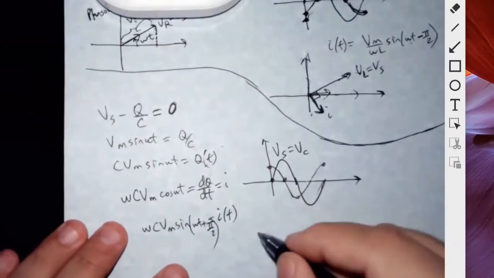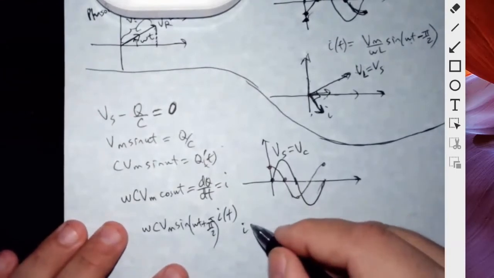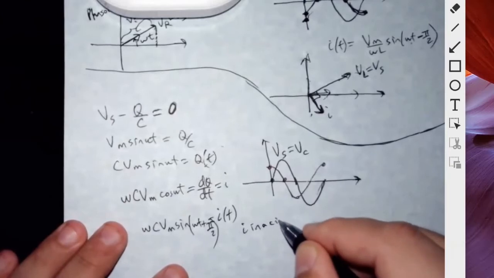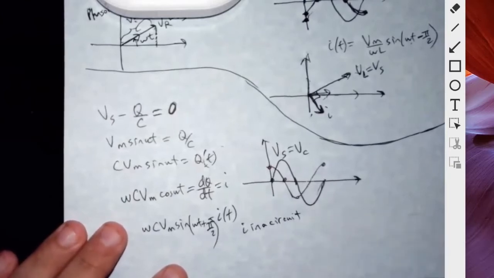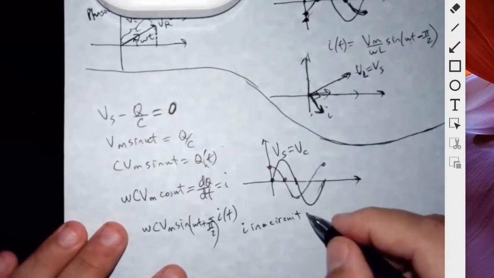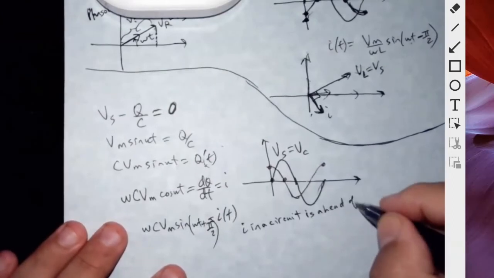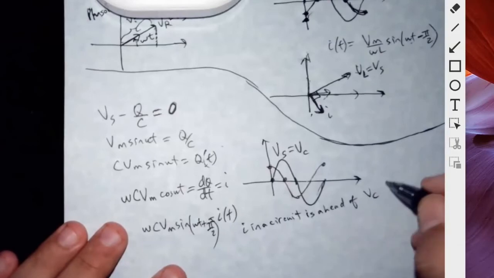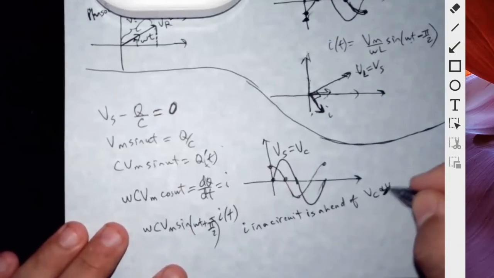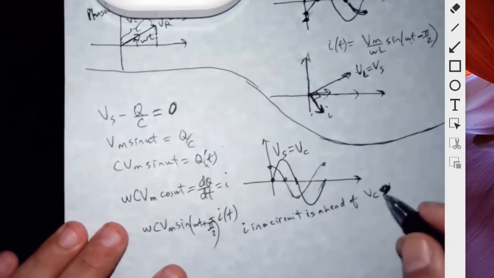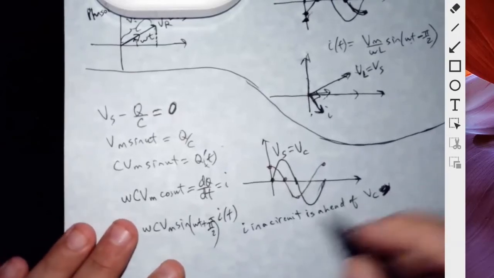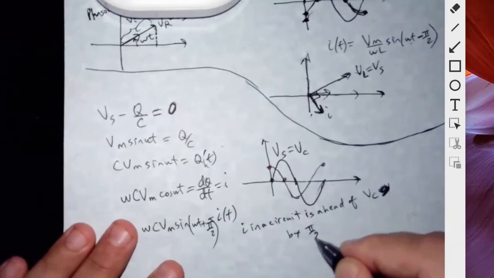So you could say current in a circuit is ahead of the voltage of the capacitor and the voltage. Well, you know what? Let's make that generalization. Current in a circuit is ahead of voltage of capacitor by pi over 2 radians.